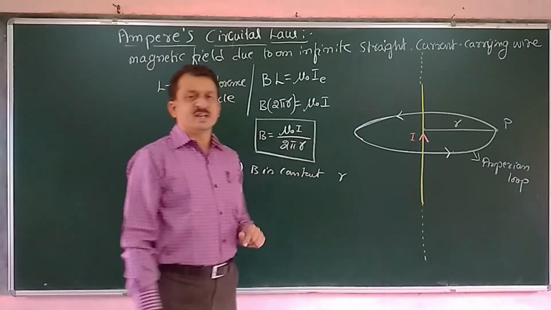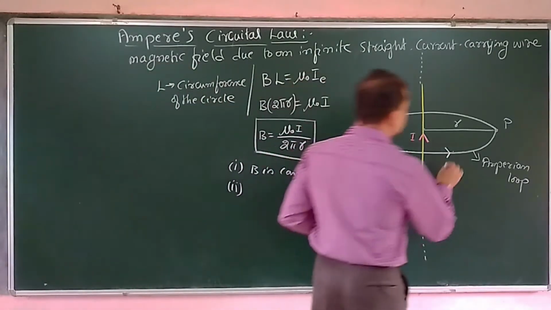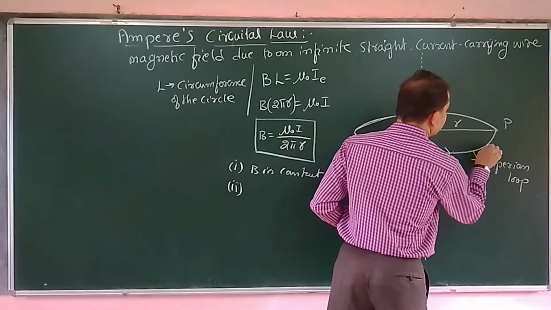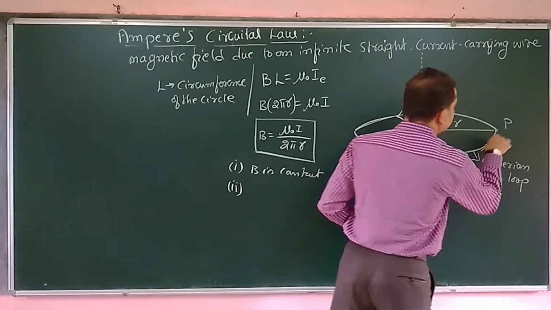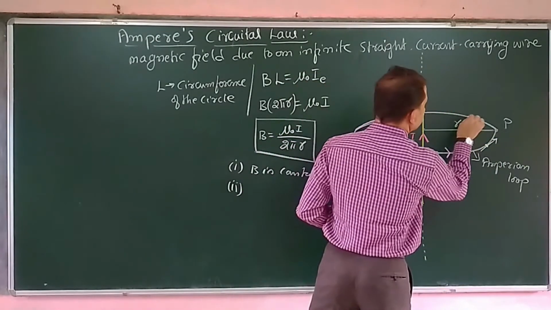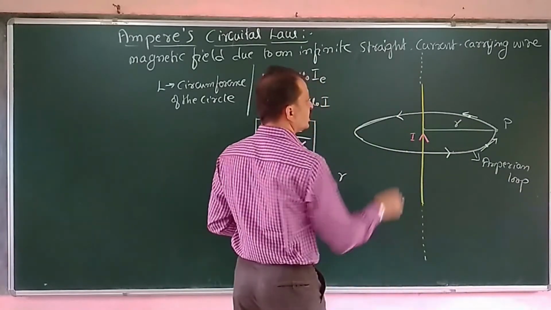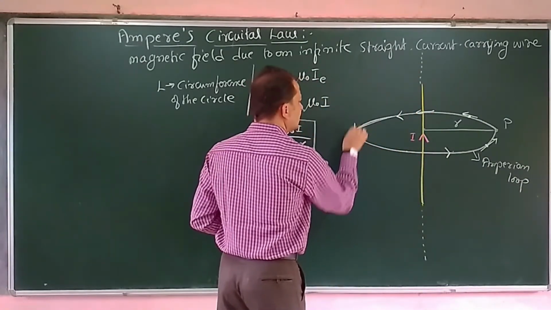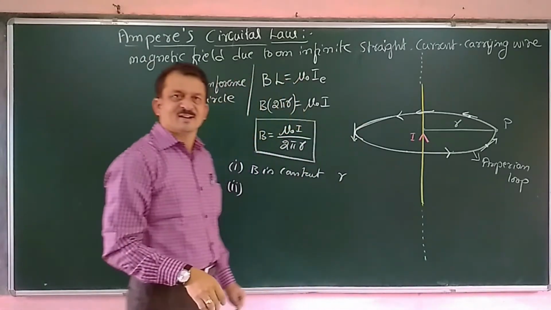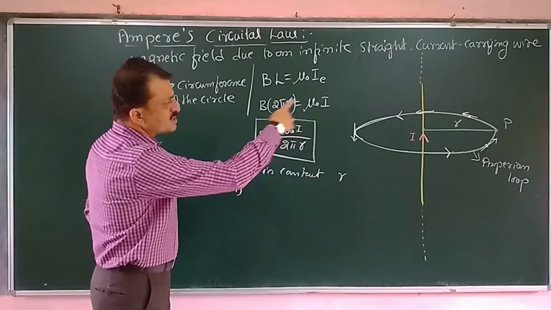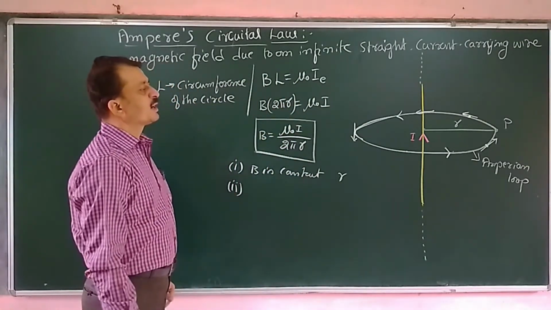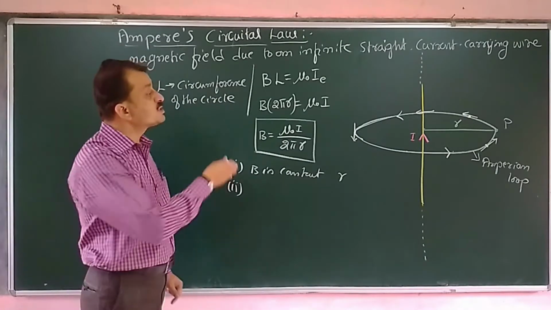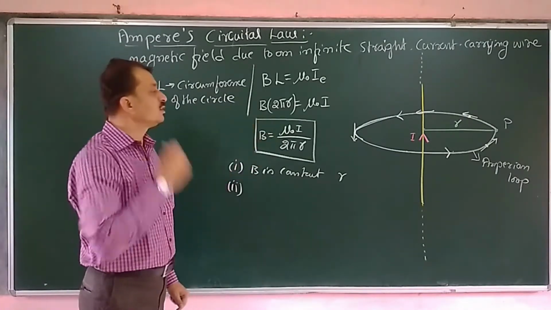Now second point. What is the direction here? If you look at the direction, it is tangential. If I take a point here, it is tangential. Note that at all the points, the magnetic field is always tangential.